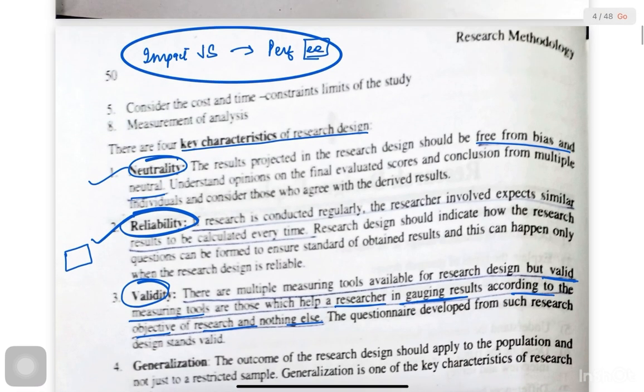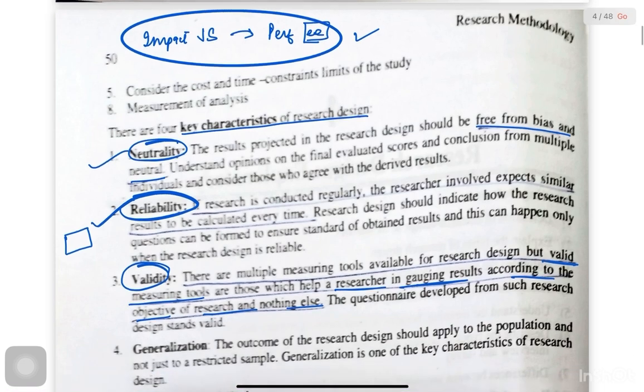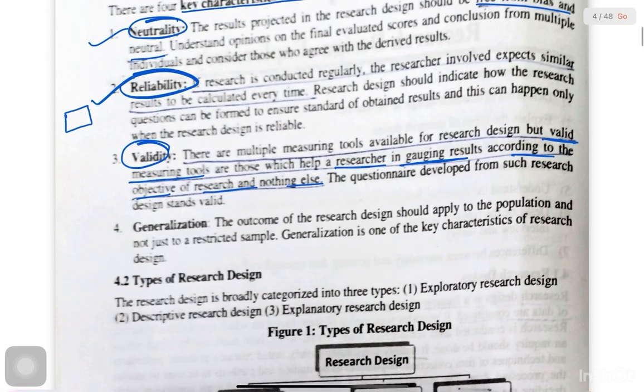So if we are doing research on a topic like the impact of job satisfaction on the performance of the employee, then validity says that all the tools the researcher is using should only impact the variables of this research, and not others. It means that the direction of the research is right, and reliability says that it expects generalization of the results, right? Fourth is generalization.